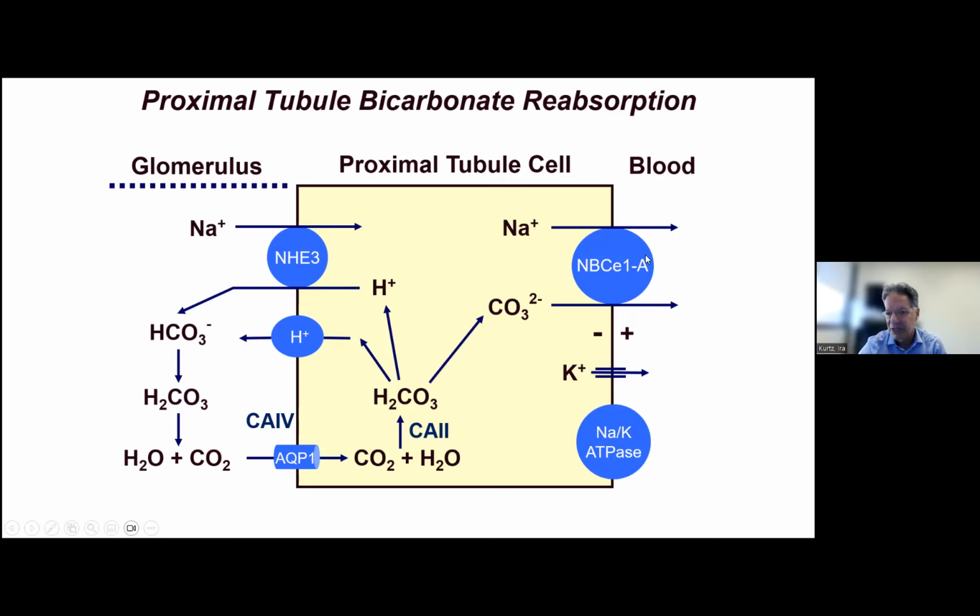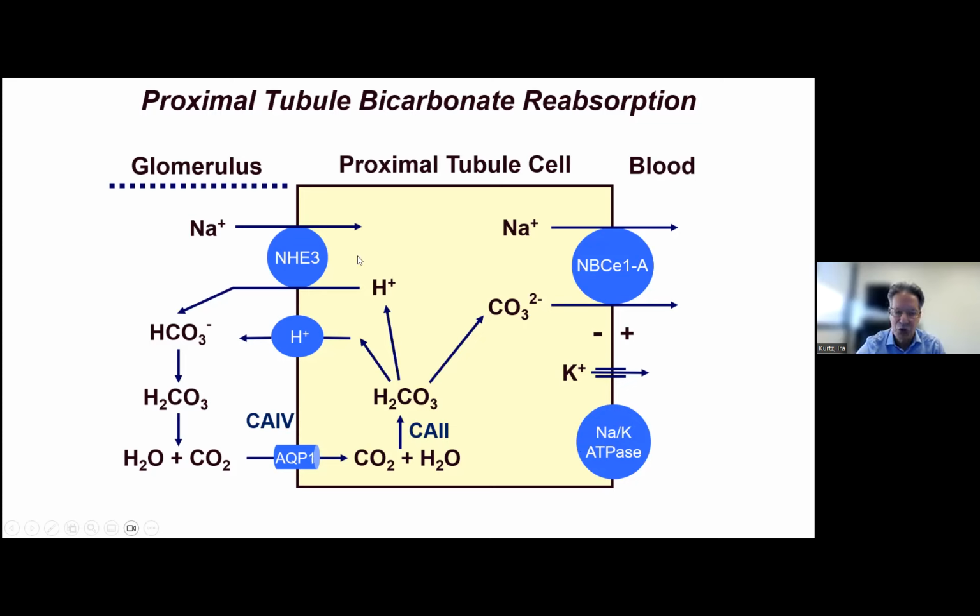Because it transports a current, it senses the voltage on the membrane, which is always there due to the function of the sodium potassium ATPase and potassium channels on the basolateral membrane of the proximal tubule cell. And it's the voltage here that drives the transport from the cell to the blood side.